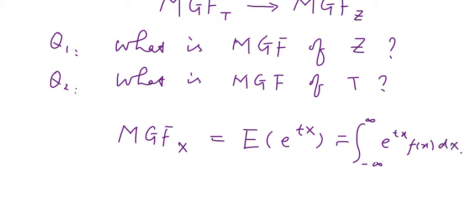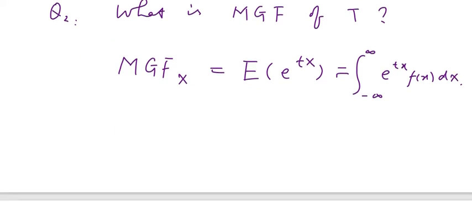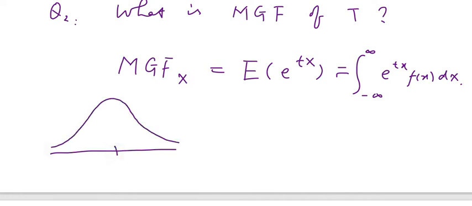Now what is the density function for the normal? The normal distribution graph looks just like that, right? Here is 0. So what kind of function has a graph like this?